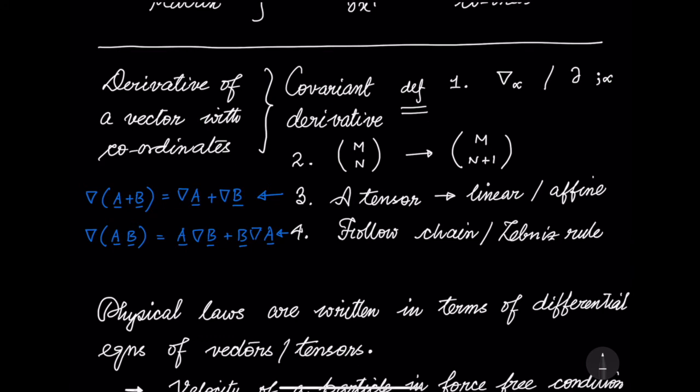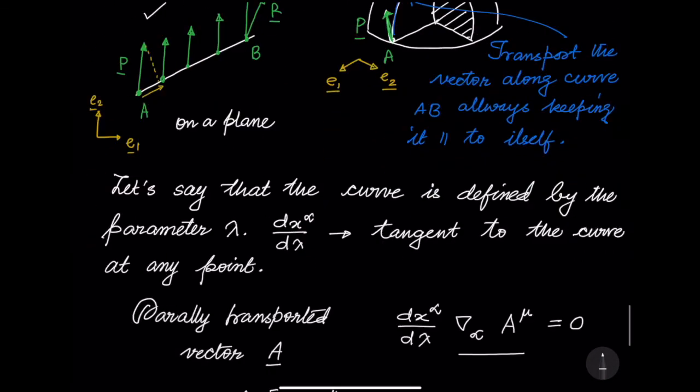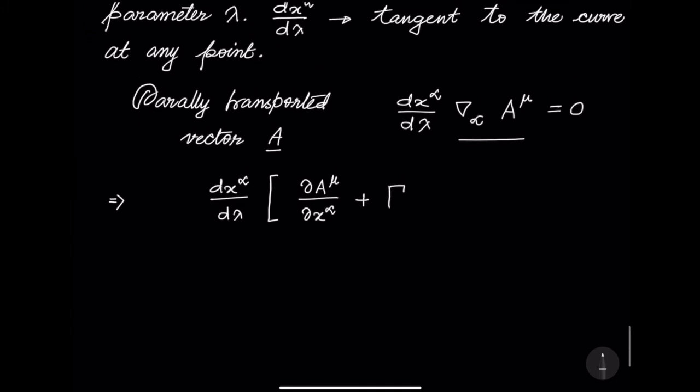We call the covariant derivative an affine or linear derivative. Affine means linear. So this is sometimes called the affine connection. So it is this which equals 0.